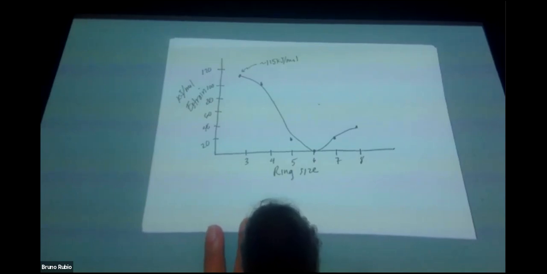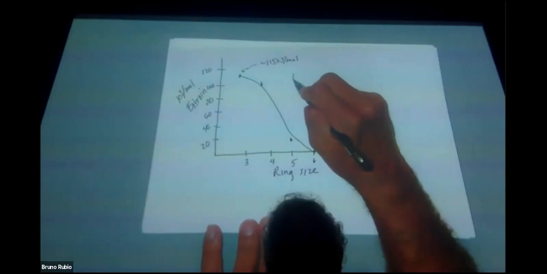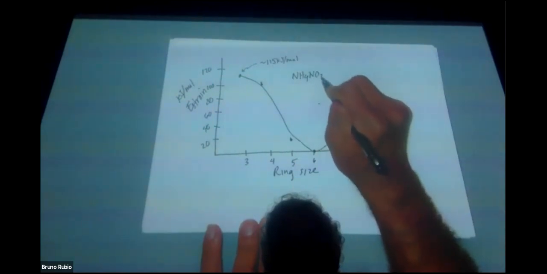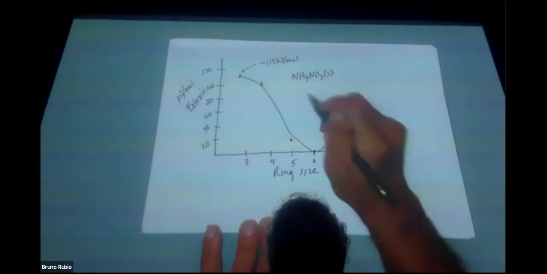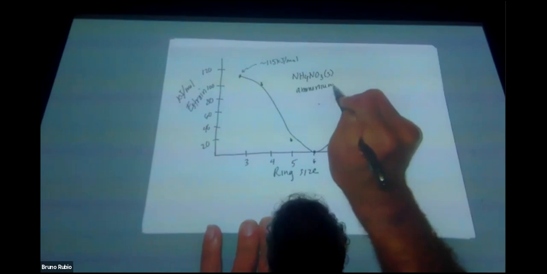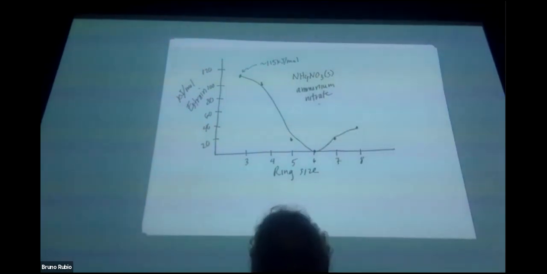Okay, so trying to put a human face on 115 kilojoules per mole, maybe you've heard of ammonium nitrate. This is ammonium nitrate. This is a demolition explosive.